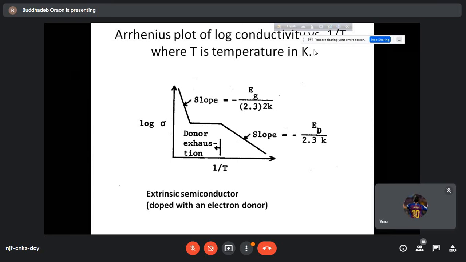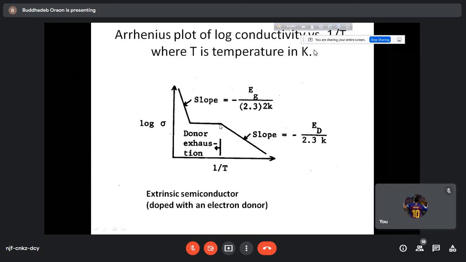This is another diagram known as the Arrhenius plot of conductivity and reciprocal of absolute temperature. This diagram has 3 parts. On the left hand side, this part is for intrinsic semiconductor, and on the right side you have the extrinsic semiconductor, and in between you have the exhaustion donor region.